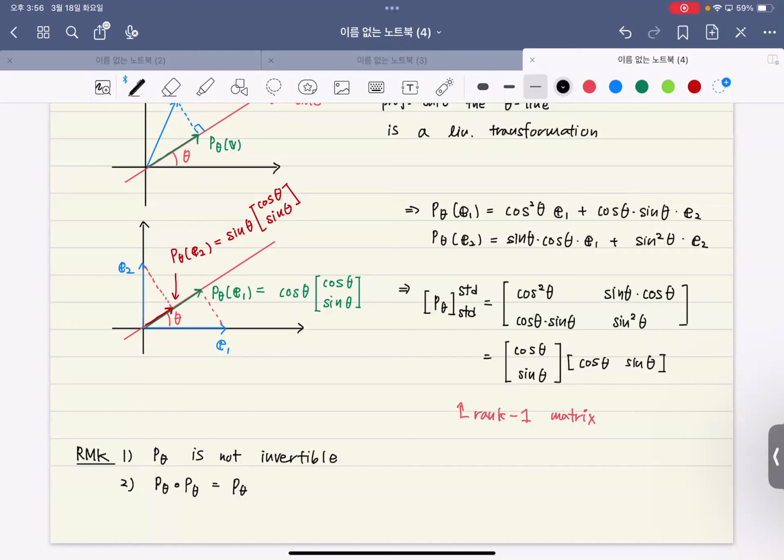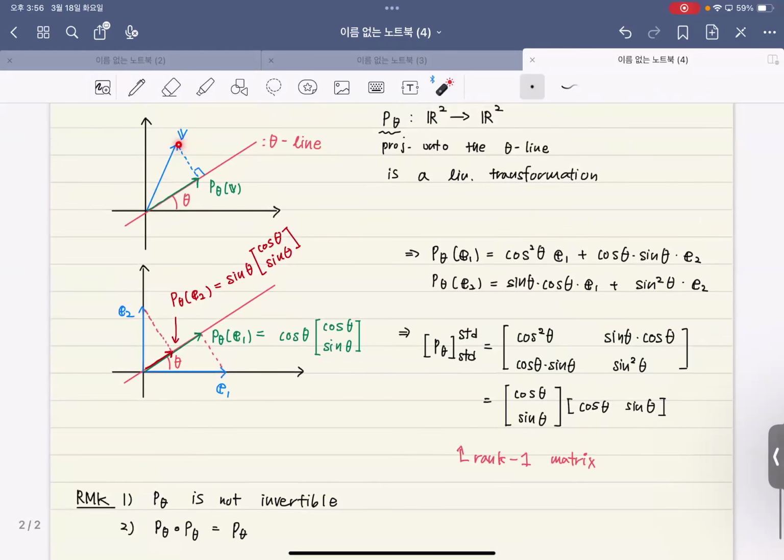If you have a vector and you take a projection of this vector onto the theta line, and then you take one more projection of this already projected vector, the second projection does nothing. Therefore, taking two projections is the same as taking just one projection.